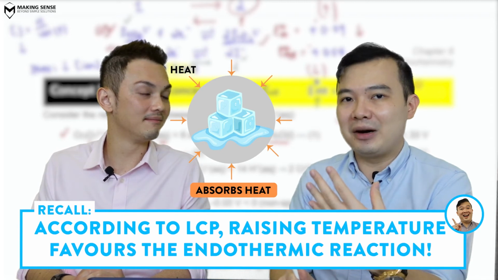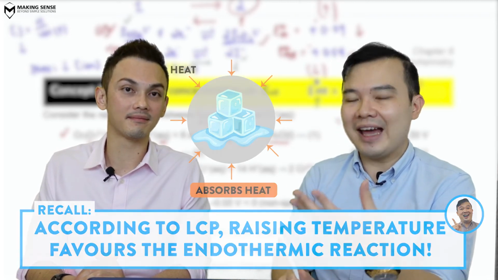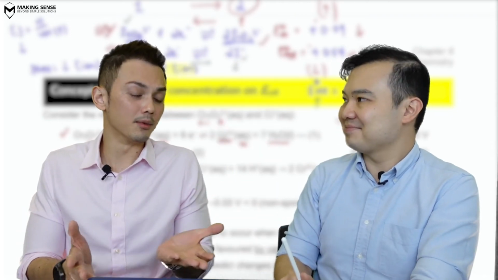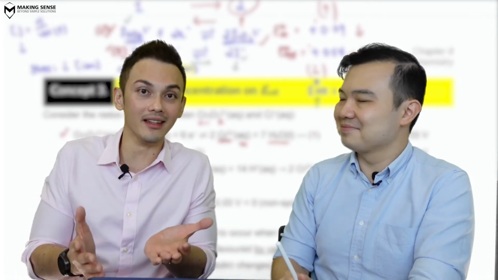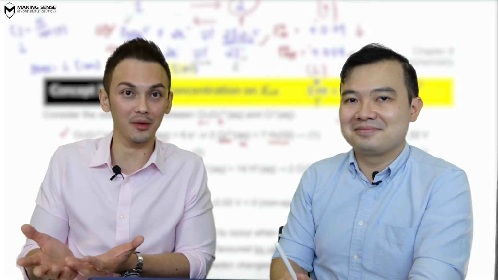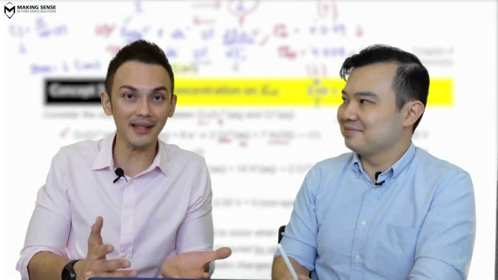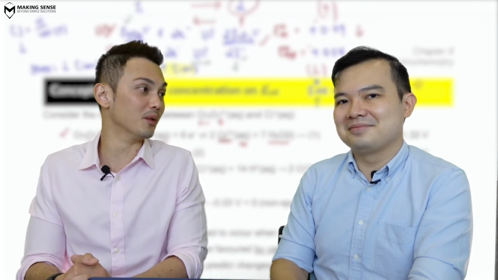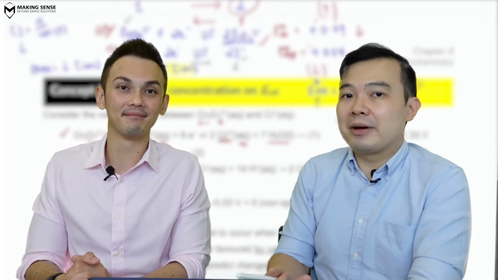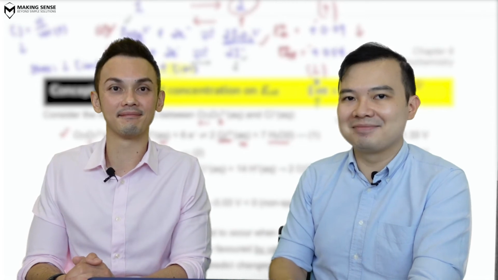So you have to see what kind of delta H your reaction will get, and then you just apply the LCP accordingly. I think the problem with a lot of people is that because delta H is not given, they just didn't realize that the overall reaction could be endo or exo. But once you begin to realize that, then obviously changing the temperature is going to have an impact on the position of equilibrium. Nice. So everything from chemical equilibrium will just come in handy here.